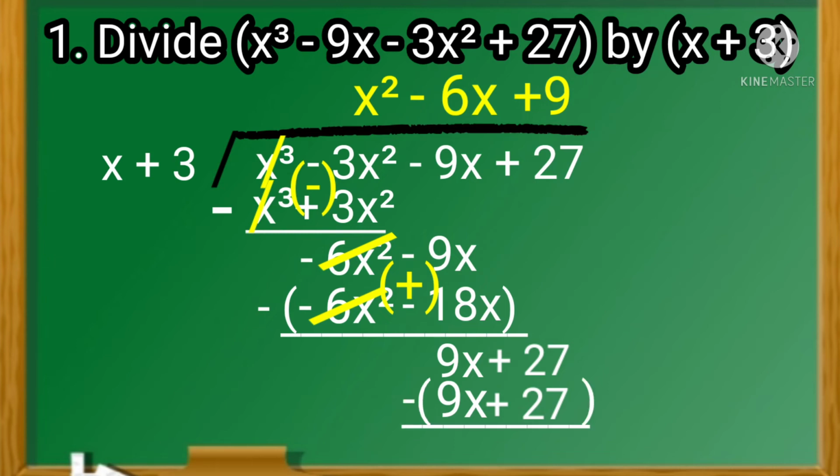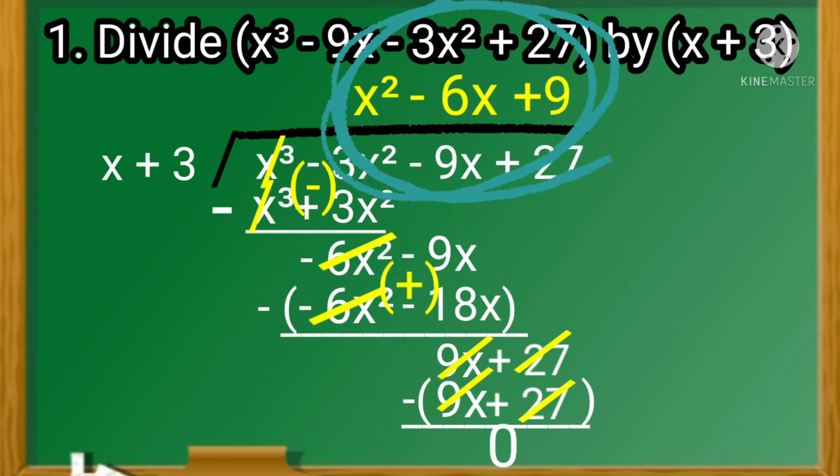Then subtract. Since 9x and 9x are similar terms, they will be cancelled, and positive 27 as well. At the bottom line, we have 0. Therefore, we don't have remainder. Thus, the quotient is x squared minus 6x plus 9.